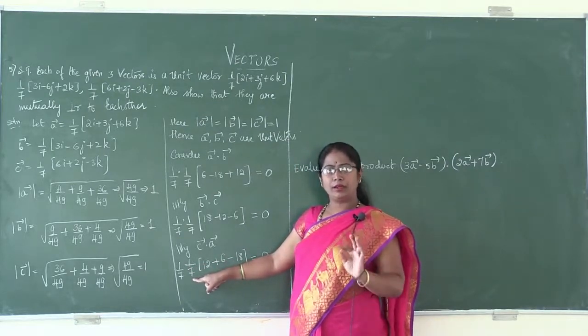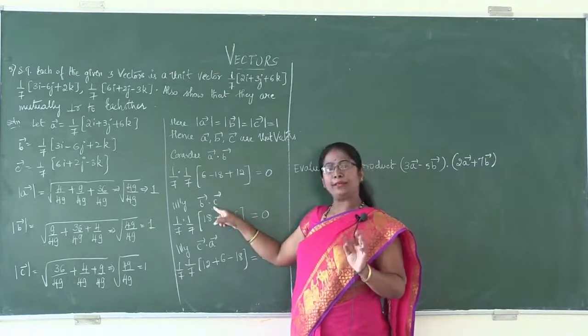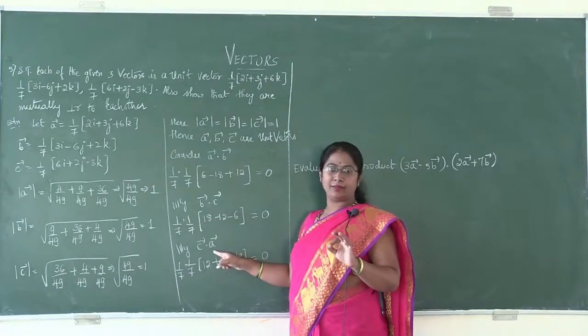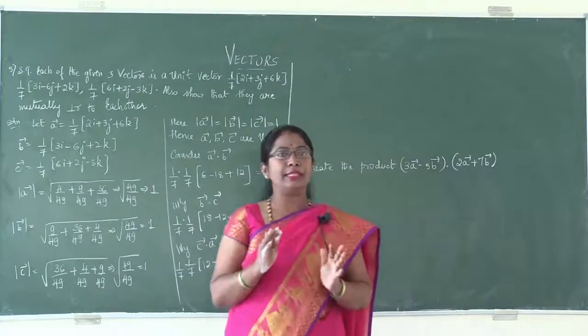Hence, we can come to a conclusion that vector A dot vector B as well as vector B dot vector C and vector C dot vector A is 0. That is, the dot product of each pair of vectors is 0.